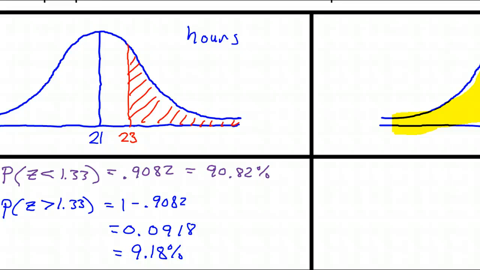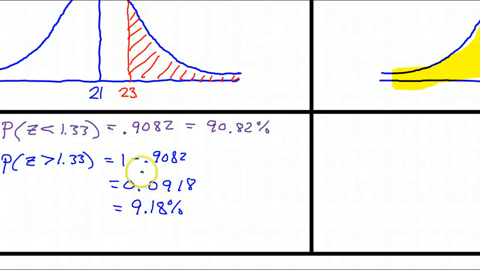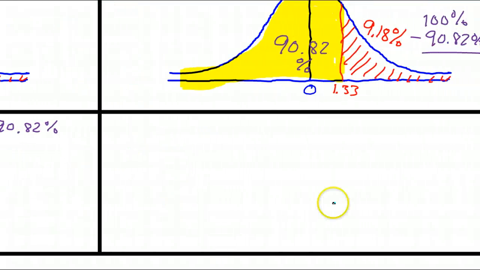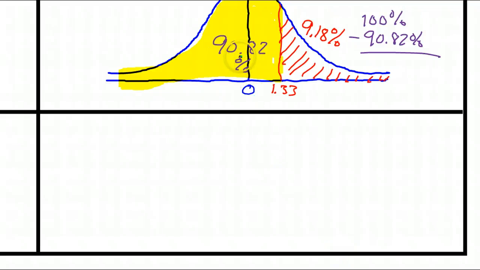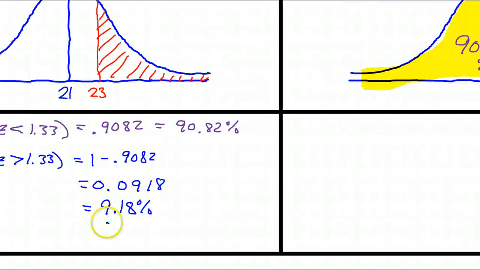And that's what we just got by doing 1 minus this little decimal. So if it helps you to keep it as percents, first I'm getting 90.82%, but that's the left side, so since I want the right side, I need to subtract from 100. Either way it's the same thing.